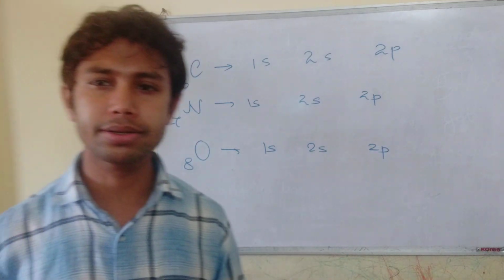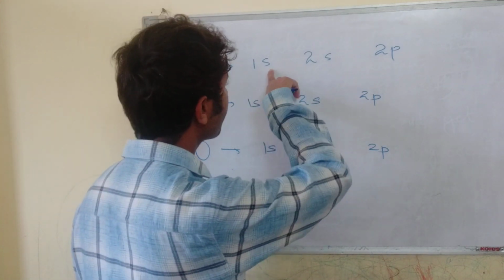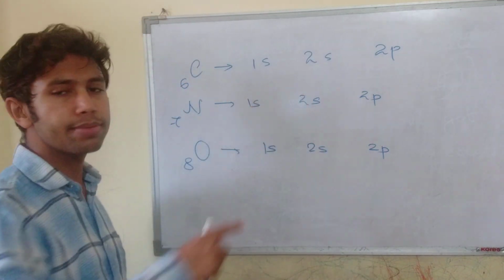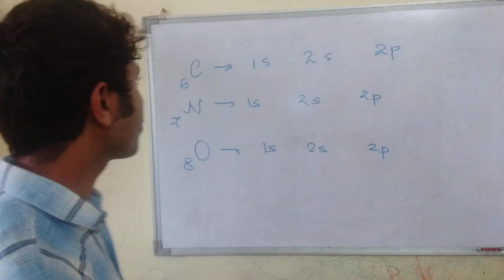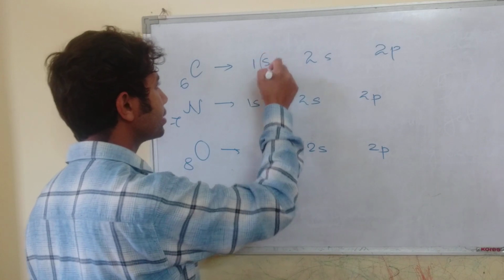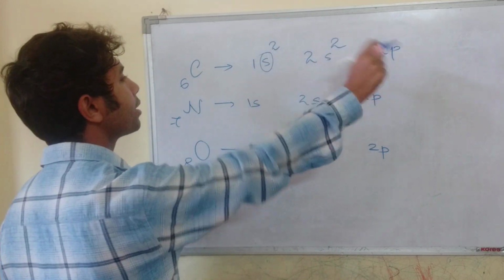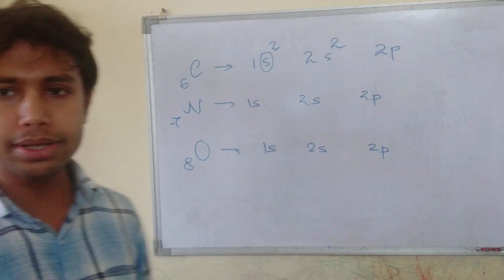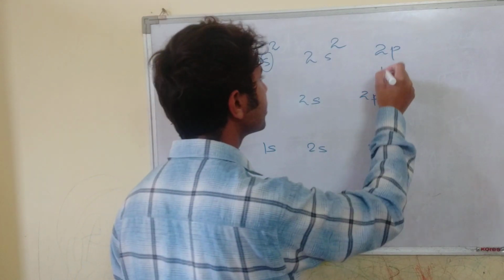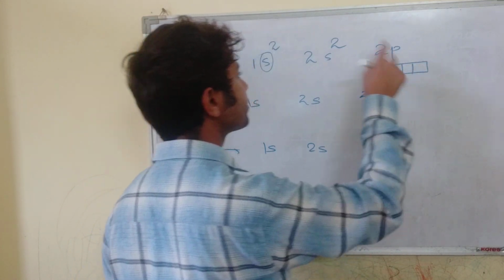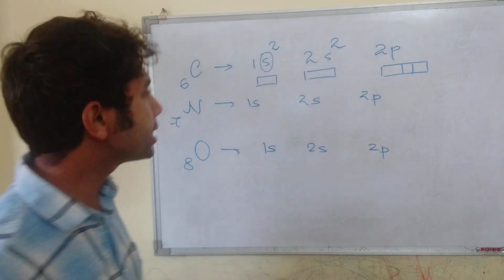From Pauli's exclusion principle, one orbital can accommodate a maximum of 2 electrons, only two electrons. Here the s orbital can accommodate 2, and the p subshell can accommodate a maximum of 6 electrons, as the p subshell has 3 orbitals, while the s subshell has only 1 orbital.